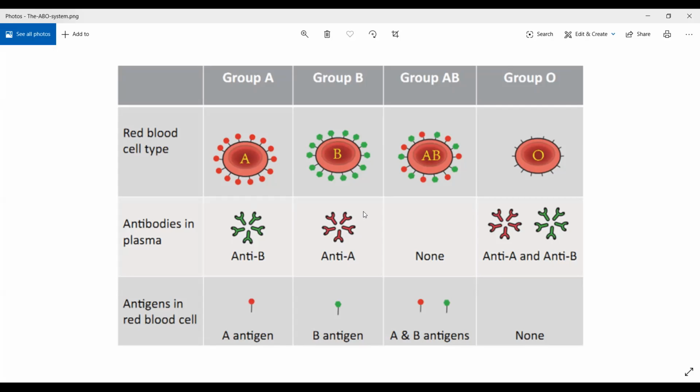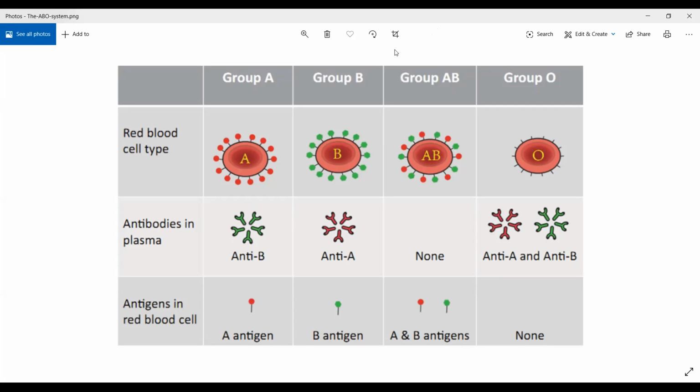So whenever I give A blood to a person with blood group B, there will be a reaction. AB blood group people do not have any antibodies. That is why they are able to receive very easily. They will have both the types of antigens but no antibodies. Whereas blood group O will have both the types of antibodies but no antigen, meaning they do not trigger any agglutination reaction altogether. ठीक है. Only antibodies are there, no antigen. All right. That is the difference.